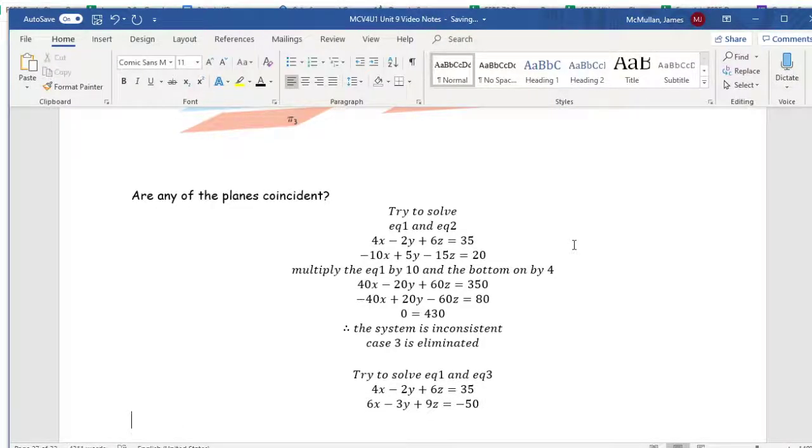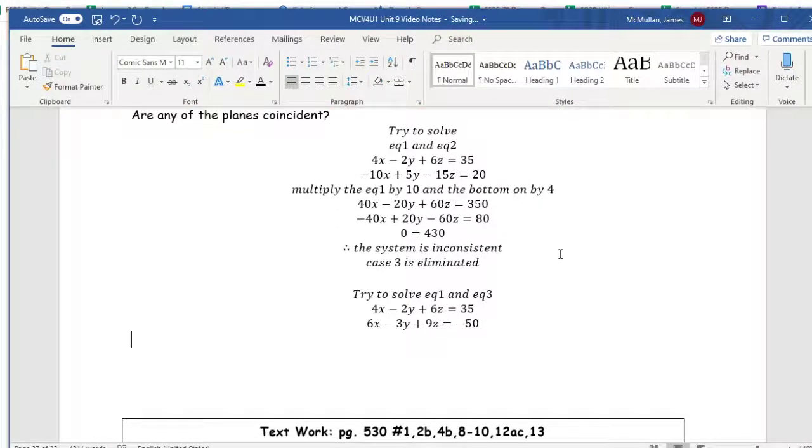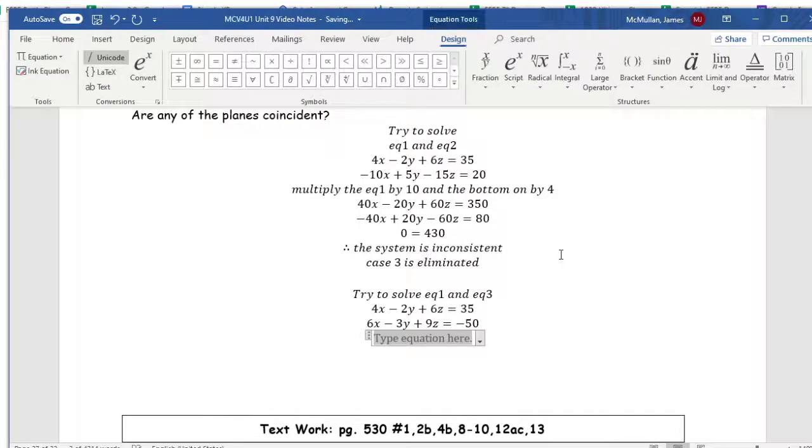Okay, so we'll multiply EQ1 by 6, or by 3, and EQ2 by 2.